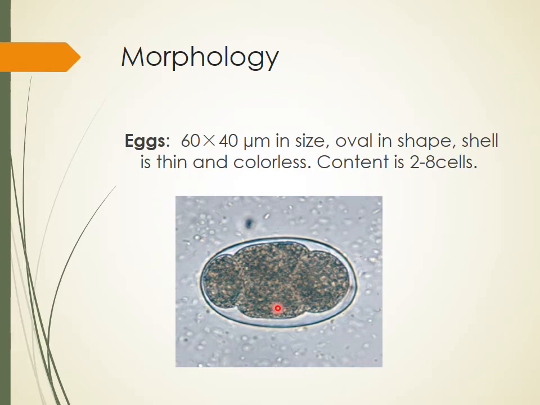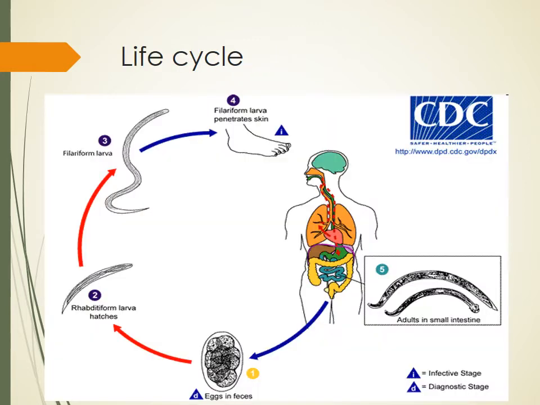When it grows, the number of cells increases. So that is the morphology of the egg. The thing you have to remember here is that it is non-bile stained and very thin. The size is just like Ascaris lumbricoides, but Ascaris lumbricoides is bile stained.